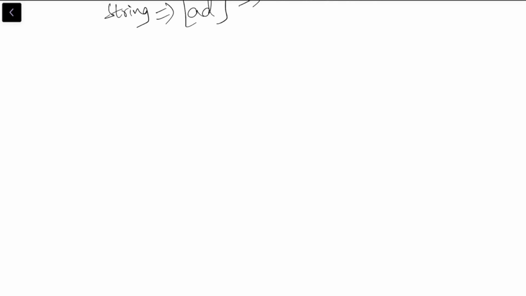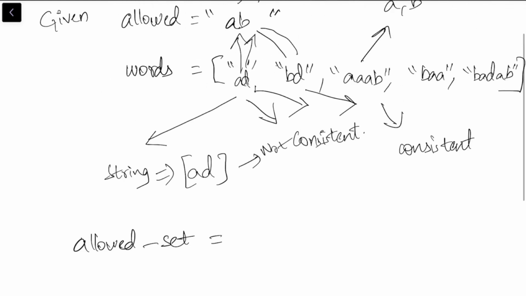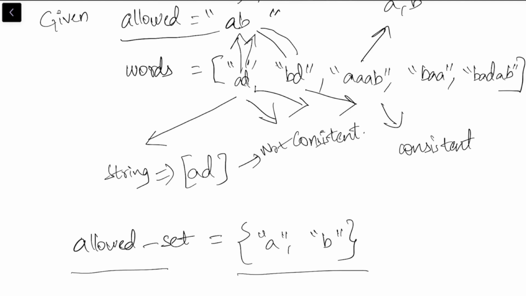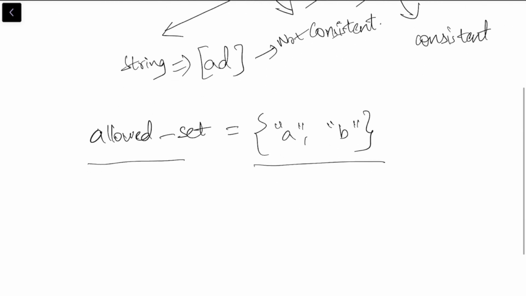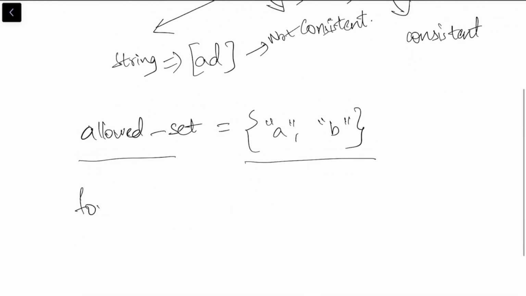How will we do it? We'll try using sets. Let us create an allowed set, which will be the set of allowed characters, like A and B. This allowed set consists of all the characters from the allowed string. Now you'll iterate for each word in words.